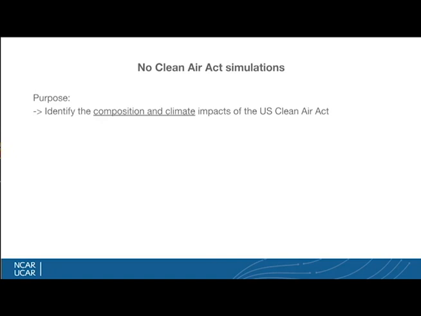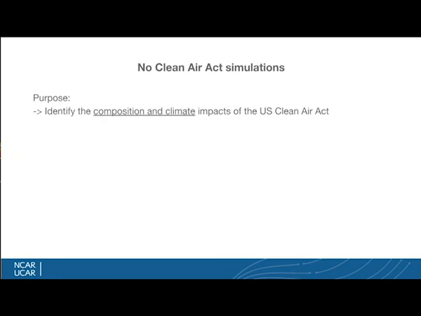But if you remember, my discussion earlier was about that very strong decrease that we see in the 1970s in SO2 in this case, but much more generally on the impact of the Clean Air Act.